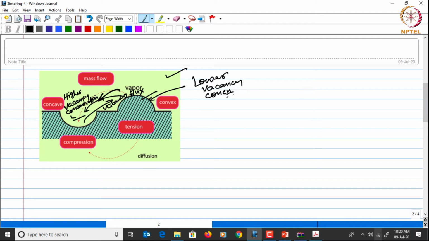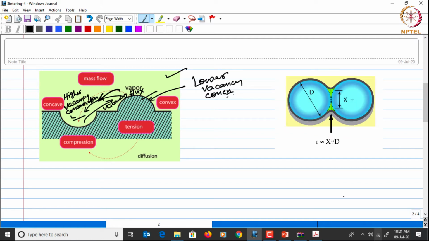Now we have also seen that the sintering process essentially starts with the formation of a neck at the contact points between the particles, and as this kind of mass flow by different paths happens, the neck grows for the densification to occur. We have also seen that the neck has a particular radius. The neck radius is x by 2, and x by d is the ratio which is related to the densification.